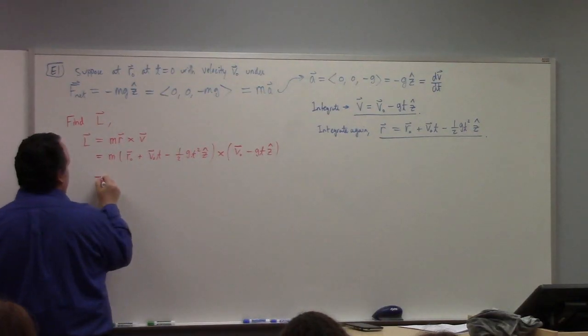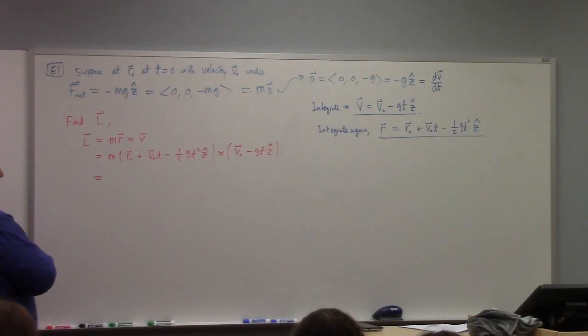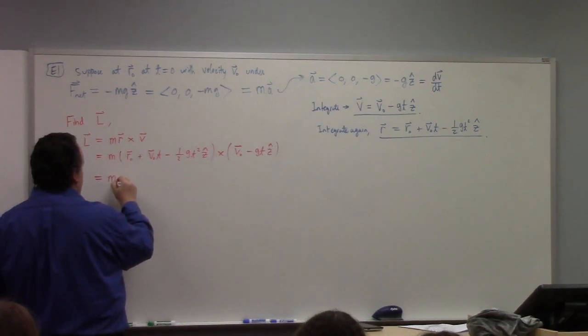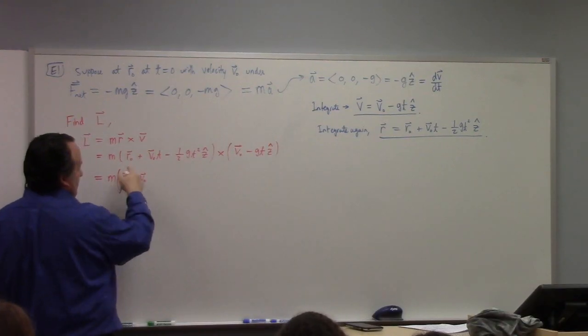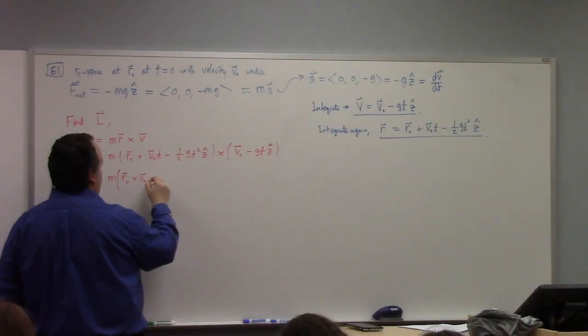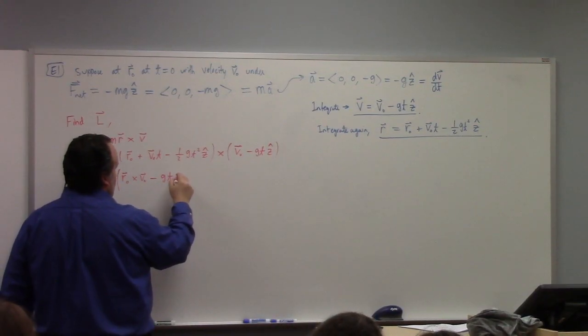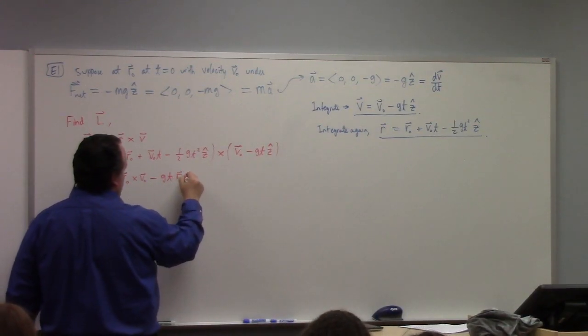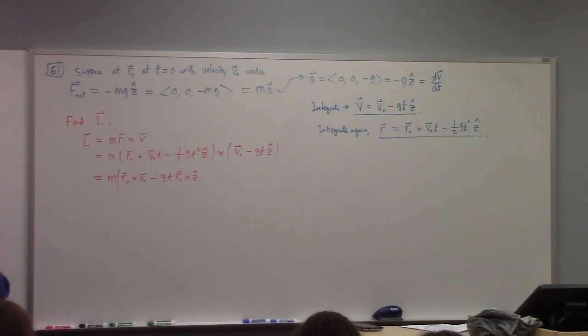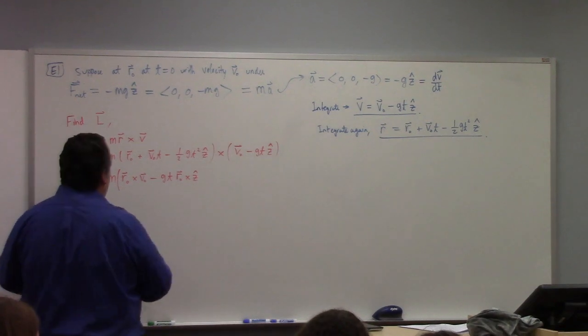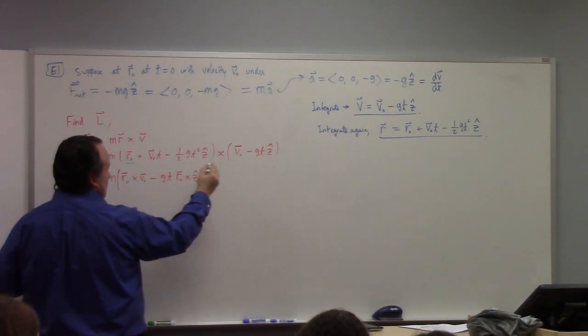All right. So what I get from that is a little bit symbolic, but I get m r naught cross v naught. I can't really simplify that more than that. And then I get minus g t r naught cross z hat. So at the moment, I have just taken the first term and taken the cross product with these guys.